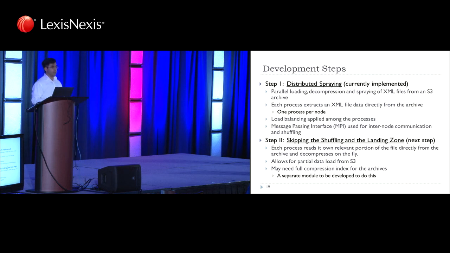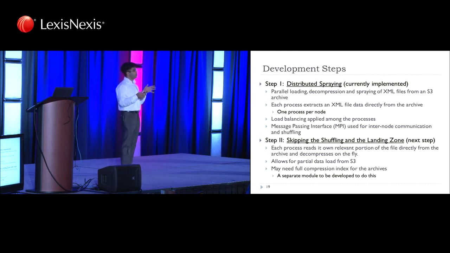The first step of the development has been to distribute the landing zone and the spraying. So we've currently implemented the operation of parallel load, decompression, and spraying of the XML files from S3.